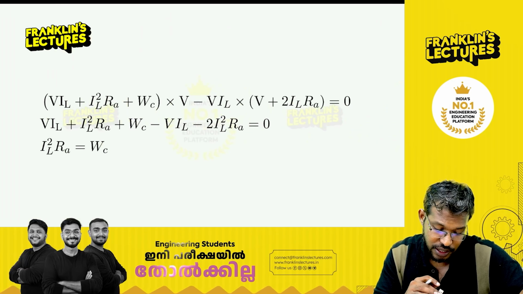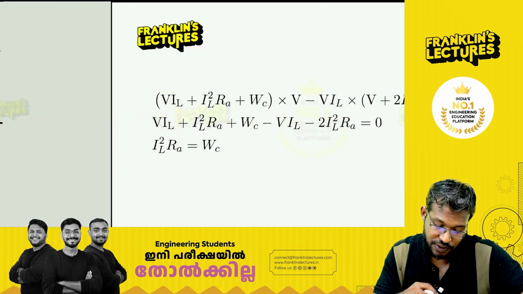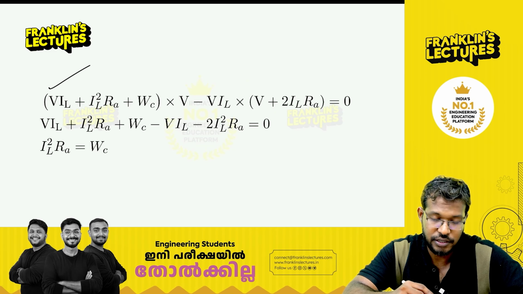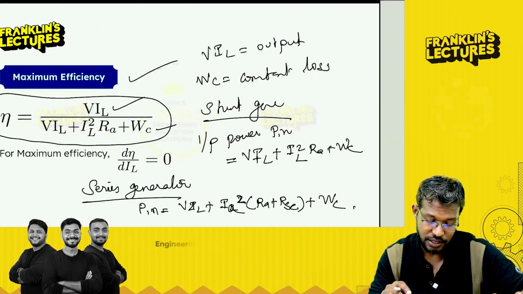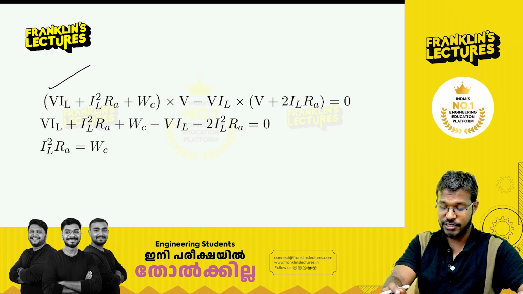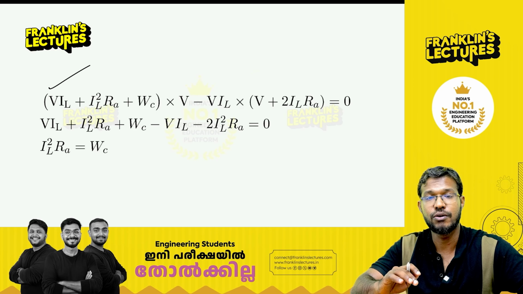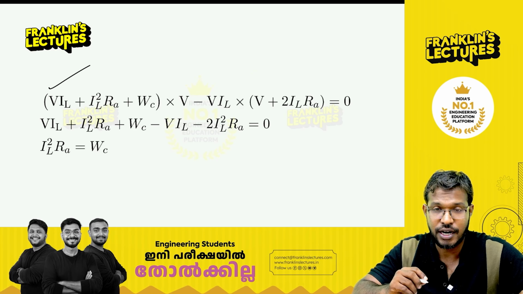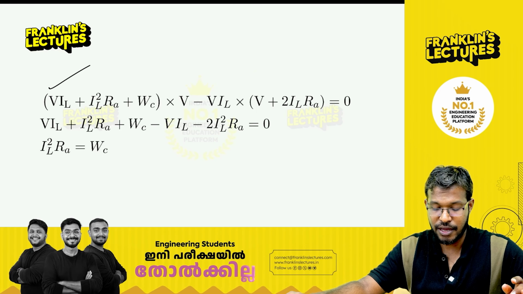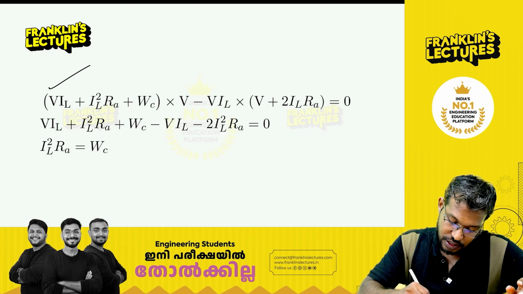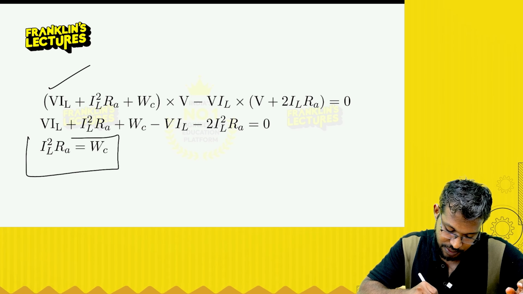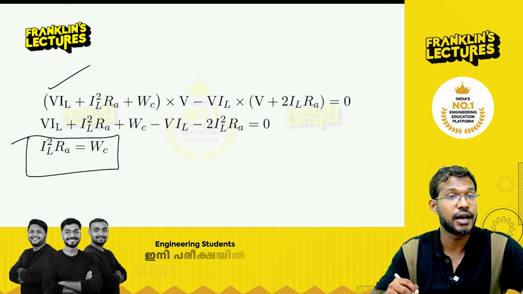So if you differentiate that in terms of IL, you will get VIL plus IL square RA plus WC, using the quotient rule, differentiating with respect to A by B. So finally you will get IA square RA is equal to WC, that is IL square RA.